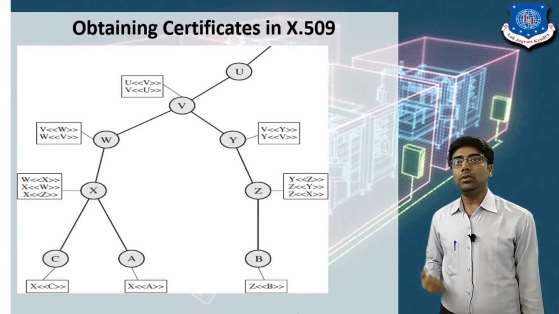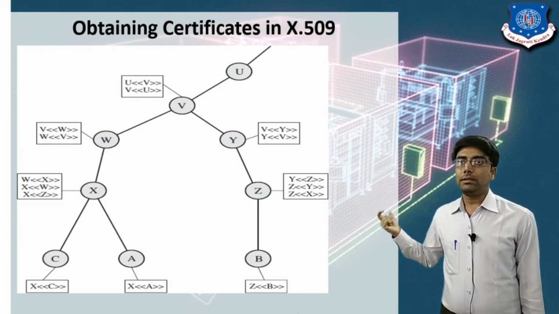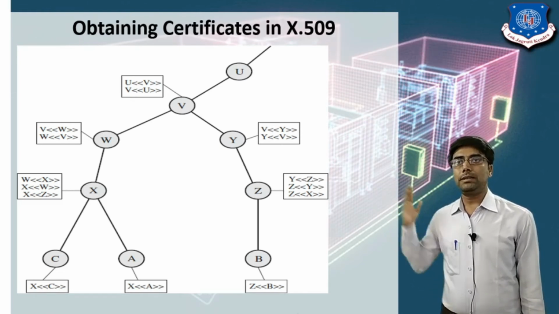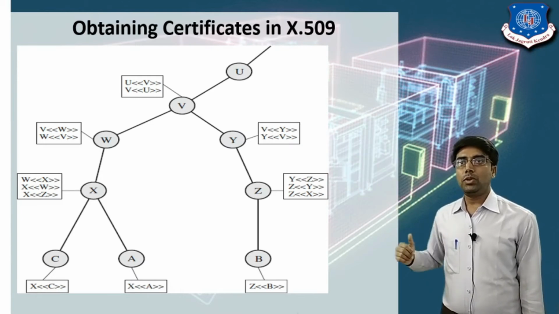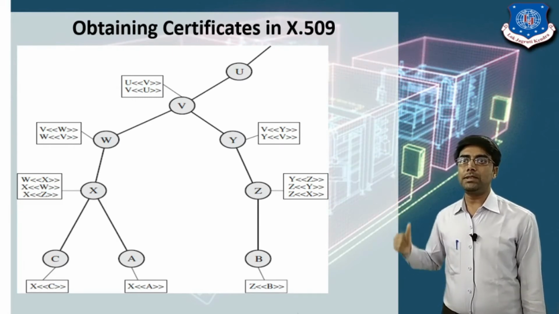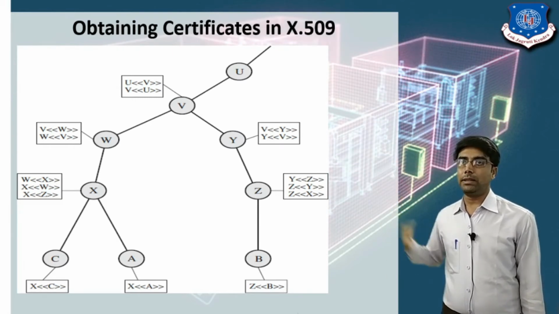I already told you the X certificate is generated by W. Now the W certificate is generated by V. So in W's repository, we have mentioned V of W, which means the W certificate is generated by V, and the second point is W of V, which means the V certificate is generated by W.